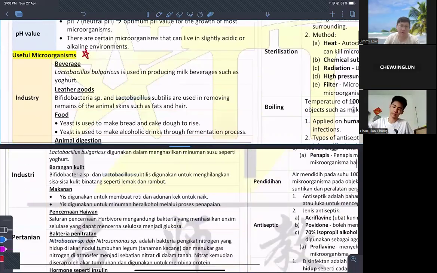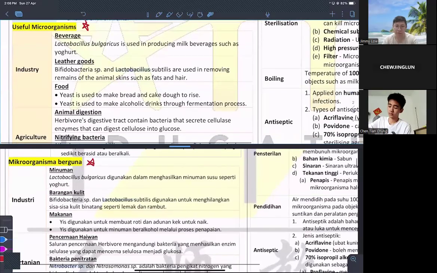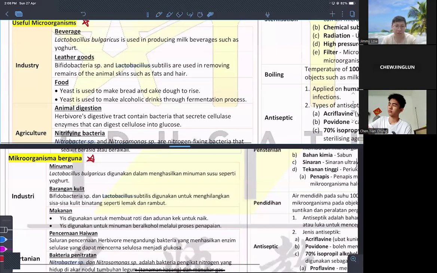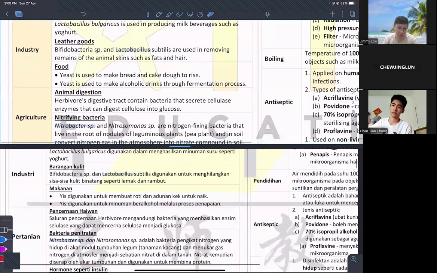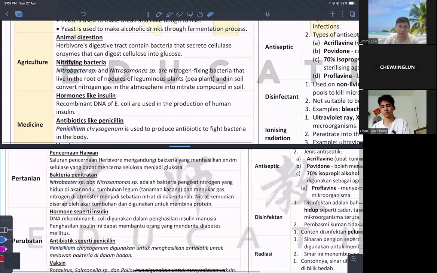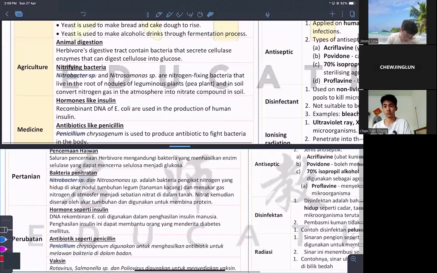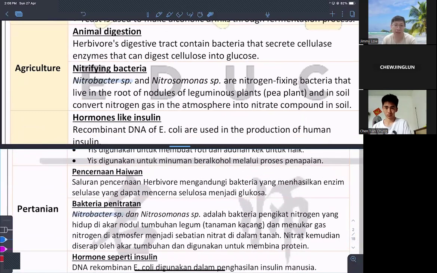Then useful microorganisms as well, you go through. As I said, lactobacillus is going to be very active here. Just use lactobacillus. You can make beverages, you can say leather goods, barangan kulit, as well as the rest. One more, actually two. In terms of agriculture, remember Nitrobacter sp.